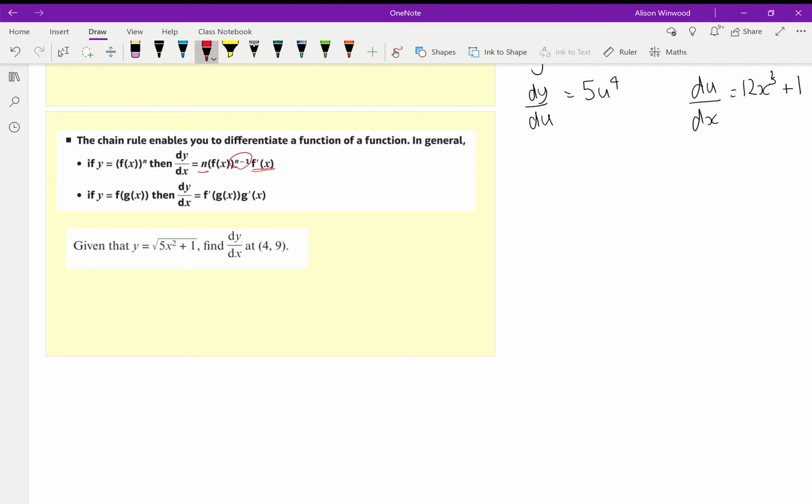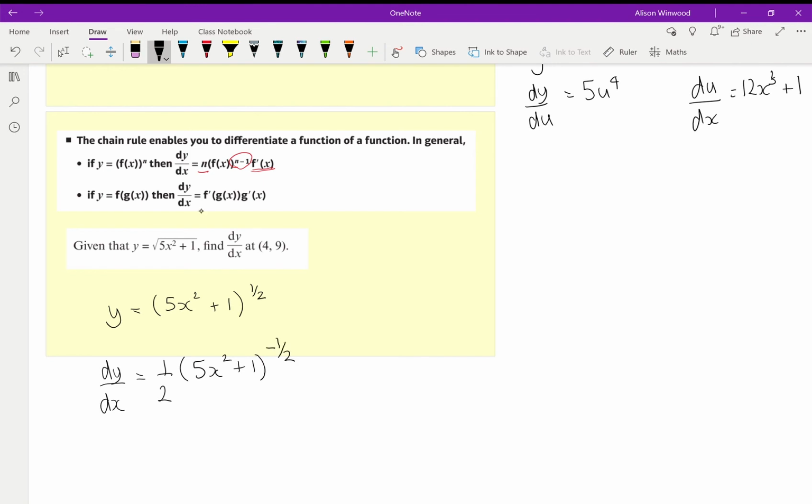So if we look at this second example, I've got y equals, now instead of writing it with a square root, let's write it with a power of a half. So the chain rule is telling me that I'm going to deal with that power just as I would normally with differentiation. So I'm going to multiply by that old power and then reduce the power by 1. 1 less than a half is negative a half.